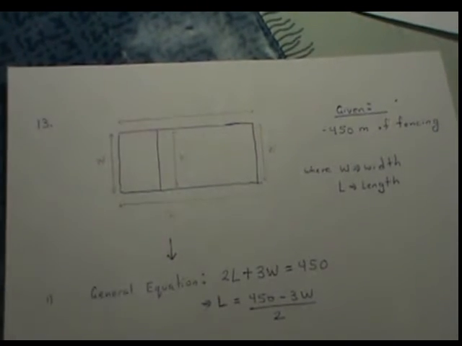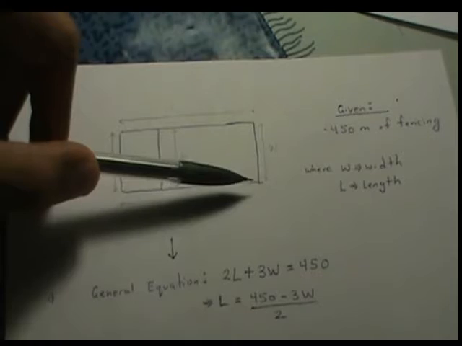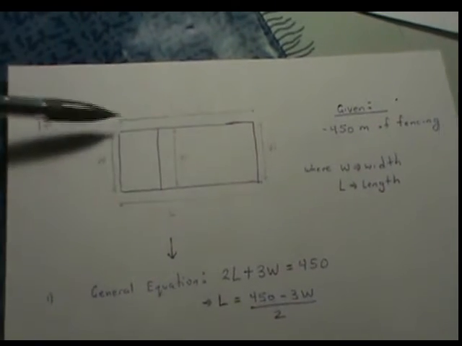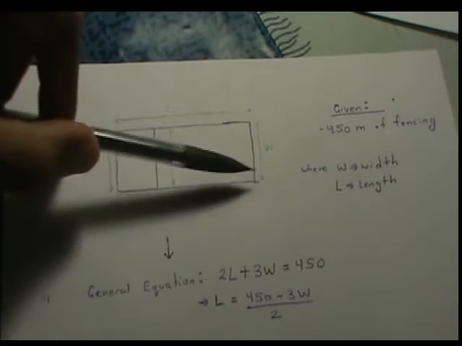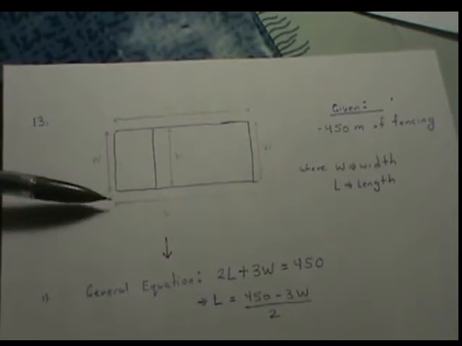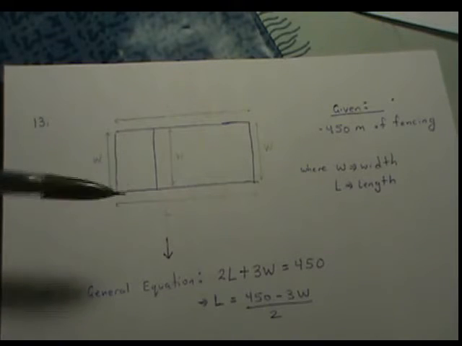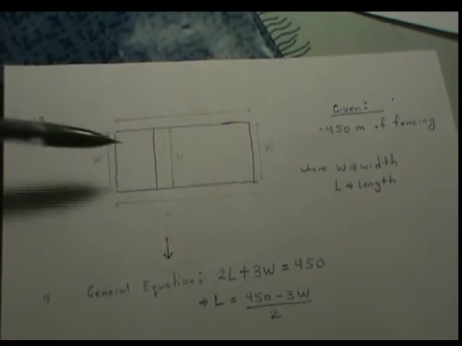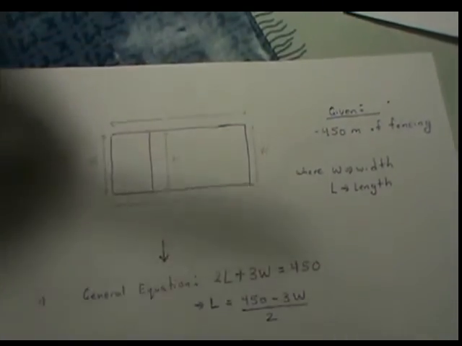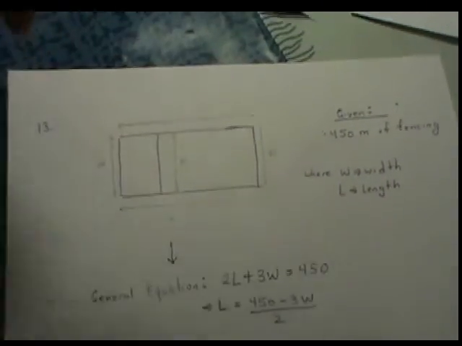In this case, if you consider this side to be L, then this side is also L. And if this is the width, then this is also the width, and so is this. So we're dealing with 2 lengths and then 3 widths. And so I've defined that here as well: W for width and L for length.